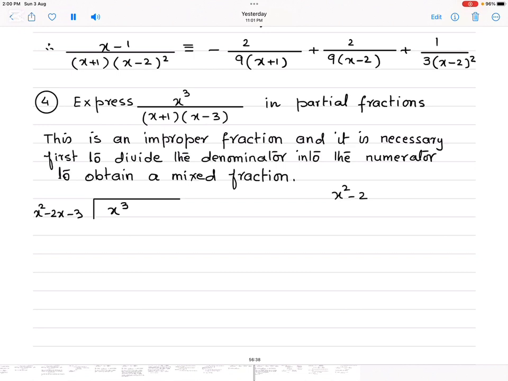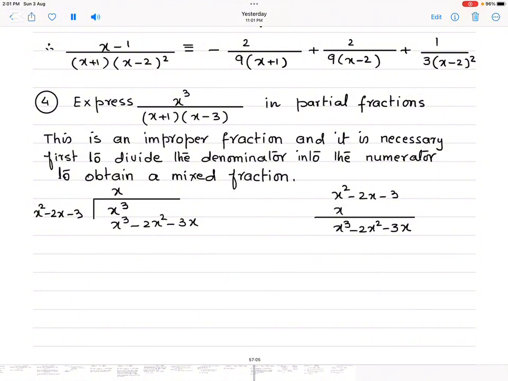We have to produce x³ from x² − 2x − 3, so we multiply by x. So x² multiplied by x gives x³, then −2x² − 3x. Write x³ − 2x² − 3x under it and x on the top.